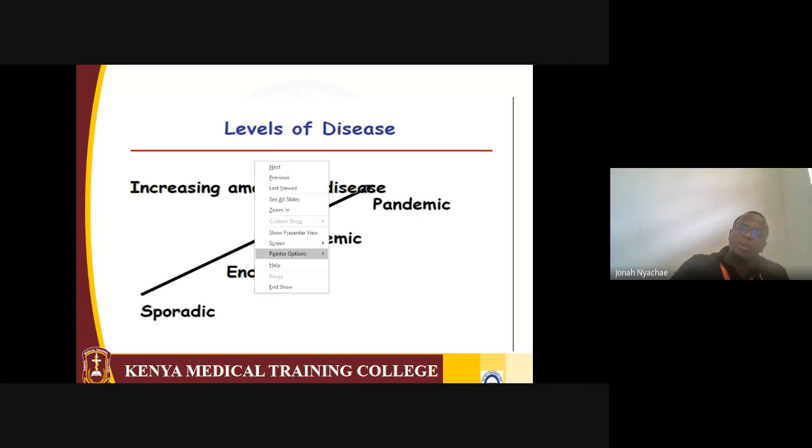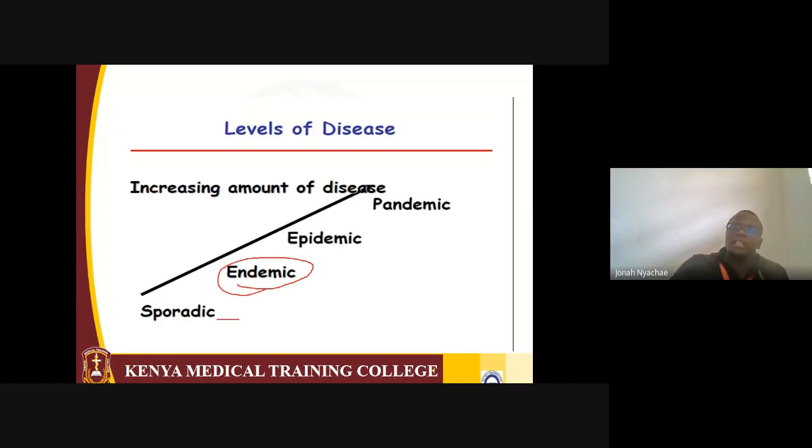So after sporadic, you find that the disease becomes endemic. So it started occasionally. Here you can say it is occasional. And then we have endemic.